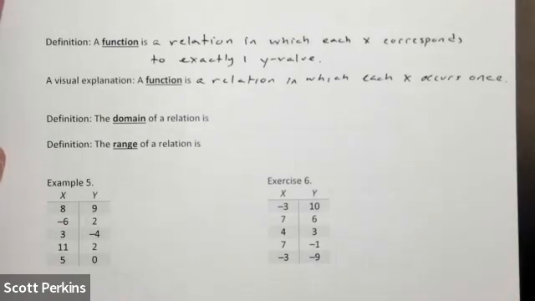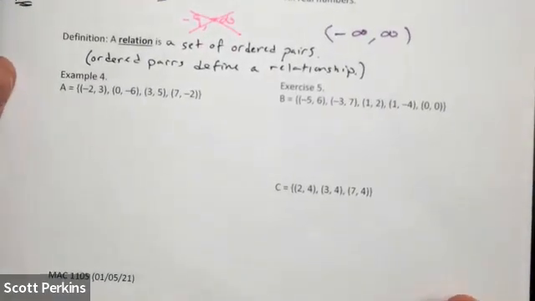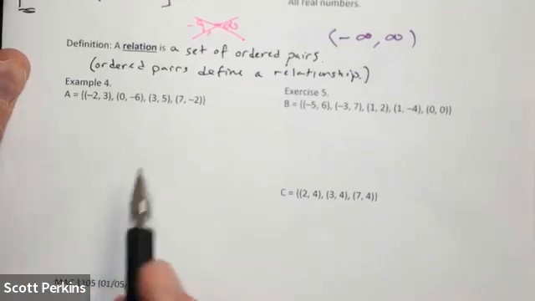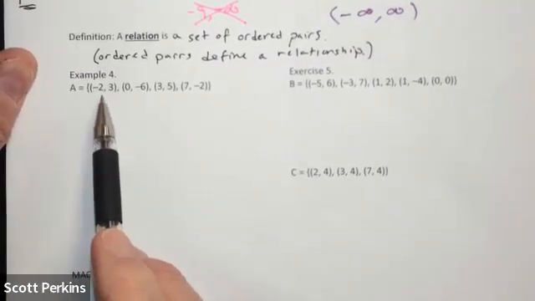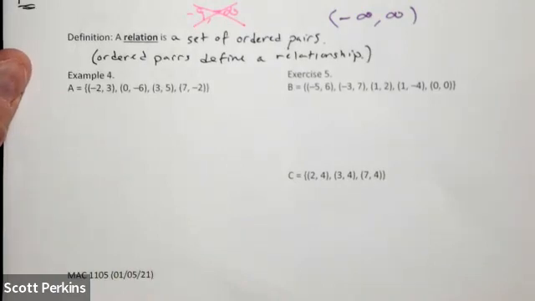Okay, so what we're going to do is go back through on the bottom of the previous page, and look at the 3 relations that are defined by sets of ordered pairs, and see which ones are and are not functions. So I'm going to do the first example on the left. I've got (-2, 3), (0, -6), (3, 5), (7, -2). What would you say? Is that a function or not a function?